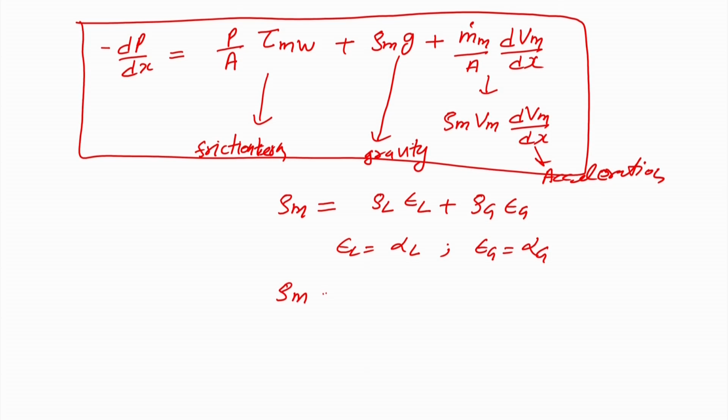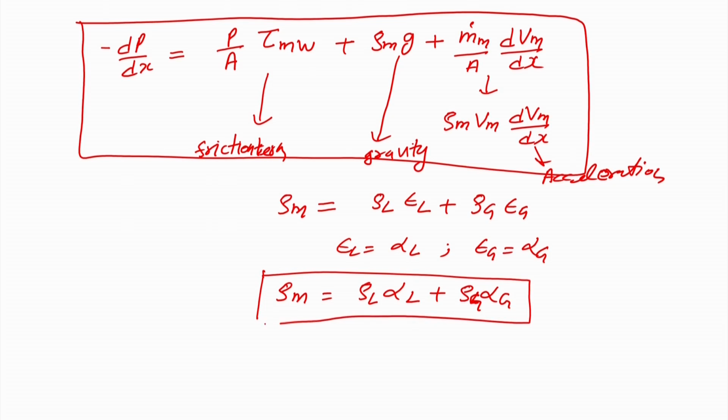Rho m can be written as rho L into alpha L plus rho G into alpha G. So, now we know alpha G, we know alpha L, we know the individual densities of both liquid and gas, so rho m we can easily find out. So, one problem we have reduced and simplified.